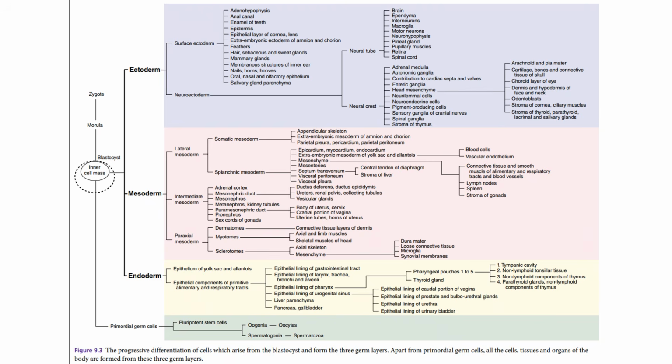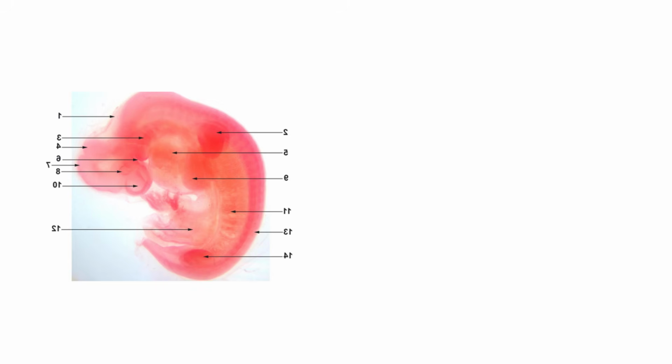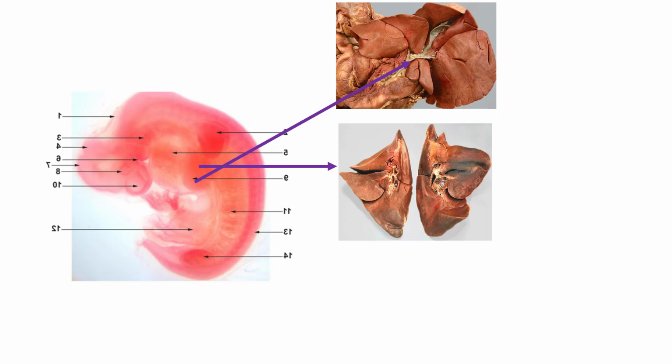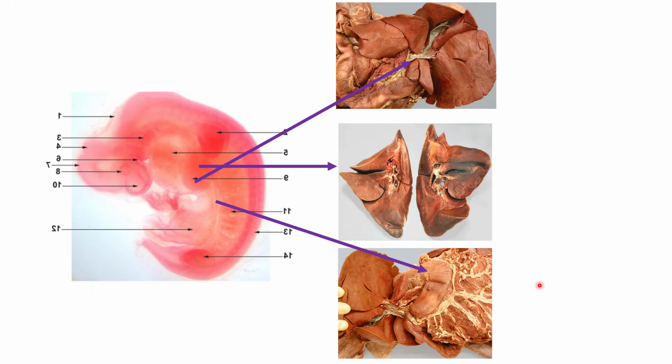Now that we understand how and why the body knows where to place its specific cells, tissues, and organs, and how to group, orient, and organize them within the body, we're now ready to finally identify the different parts of the embryo that will give rise to specific organs.